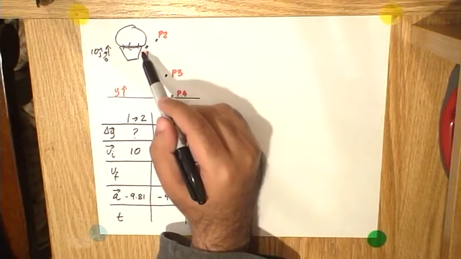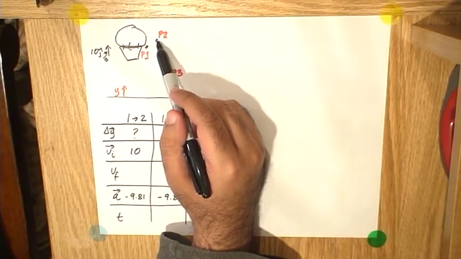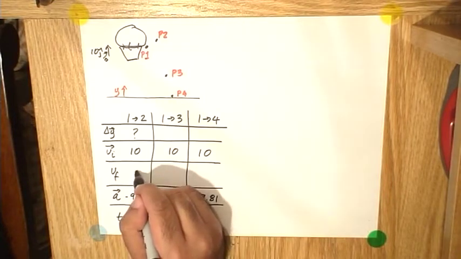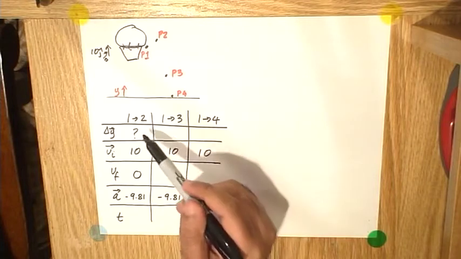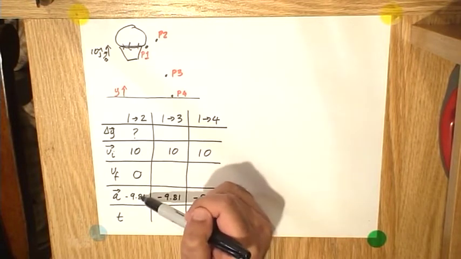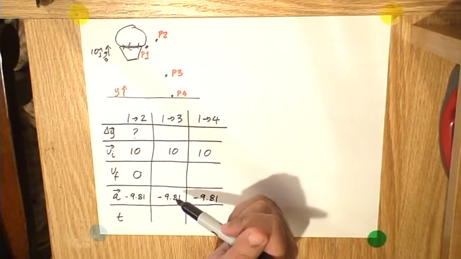But from 1 to 2, we see it's reached its peak at the final point. And whenever something reaches its peak, that means that its vertical velocity is 0. So for 1 to 2, we know the initial velocity, we know the final velocity, we know the acceleration, we're looking for the displacement. What about from 1 to 3?